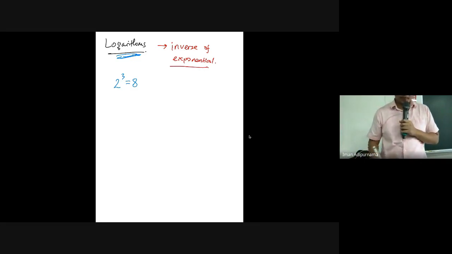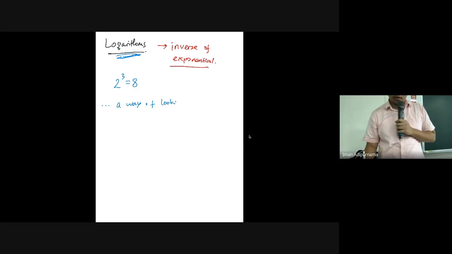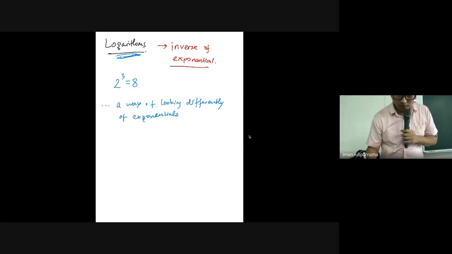Let me just write this, but don't memorize all the things. So a way of looking differently at exponential. So this is the result.